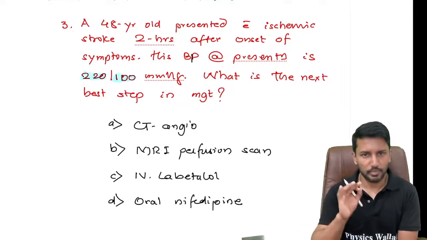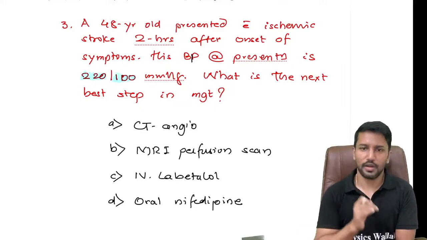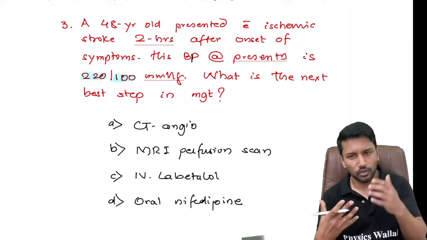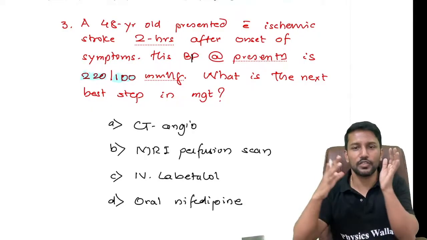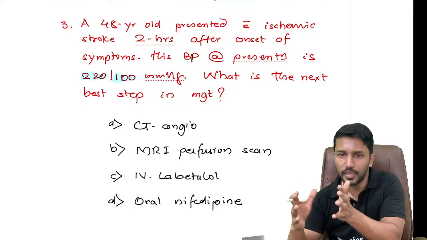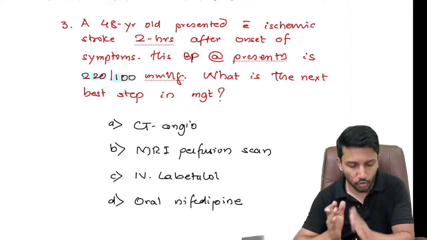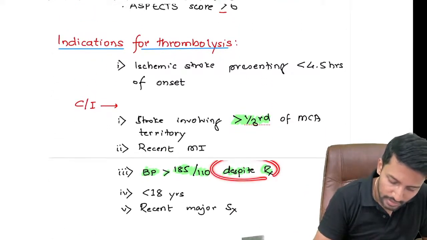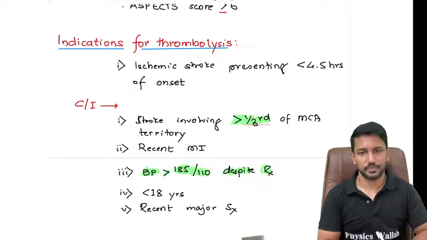Absolutely right, BP emerges as a contraindication. So maybe now we will be thinking the next step would be that thrombolysis is totally out and let us focus on mechanical thrombectomy. No. If you go back to the contraindications, I mentioned the point here: BP more than 185 by 110 despite treatment.